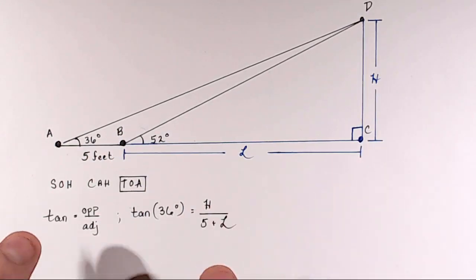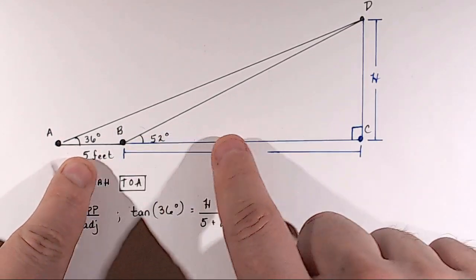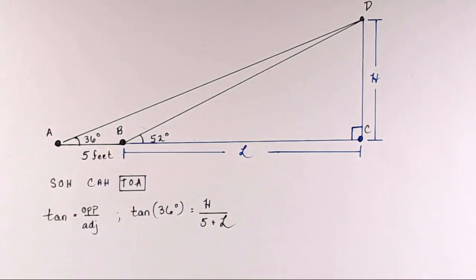The opposite side is h, the adjacent side is 5 plus whatever that distance is, L. And that's okay. We'll just leave it just like that.